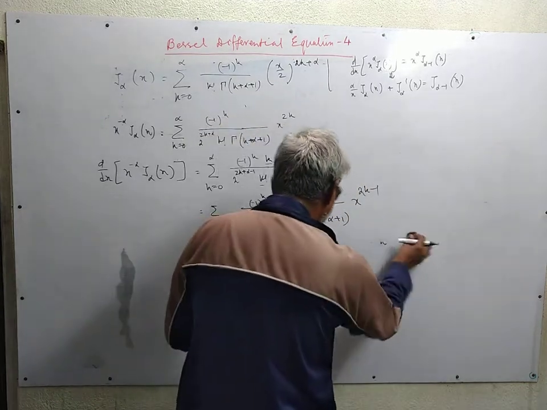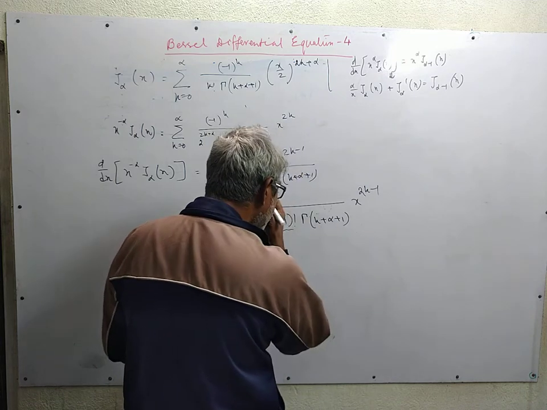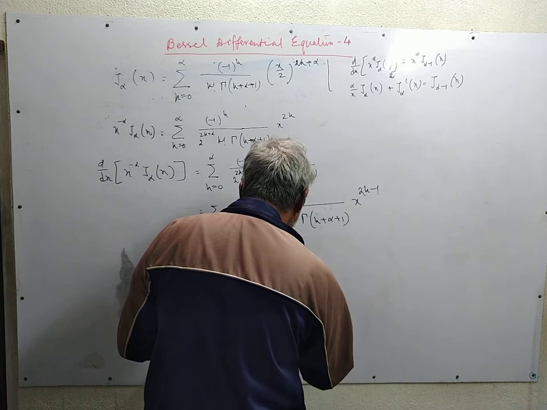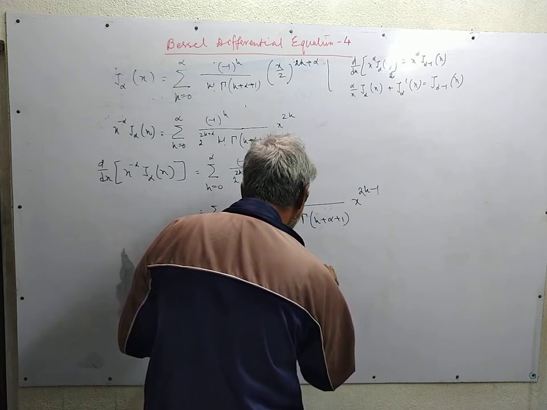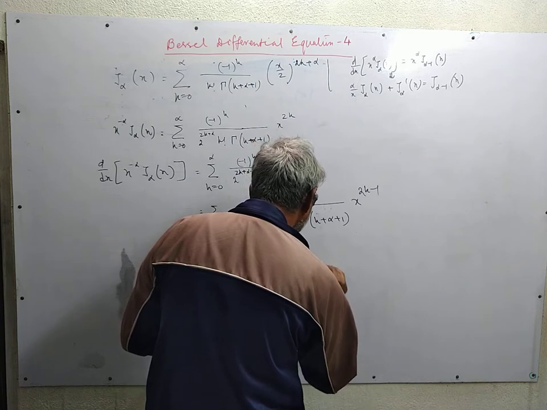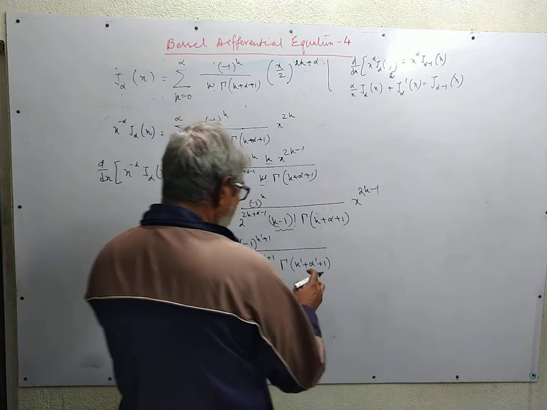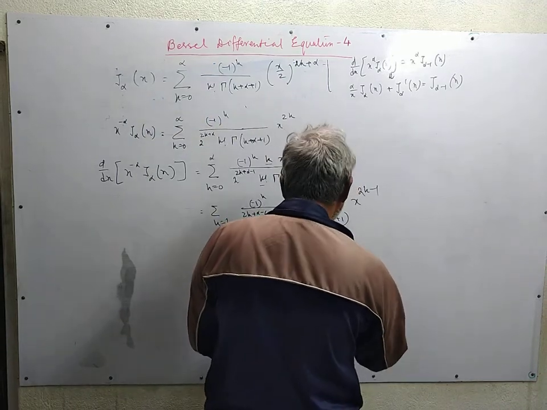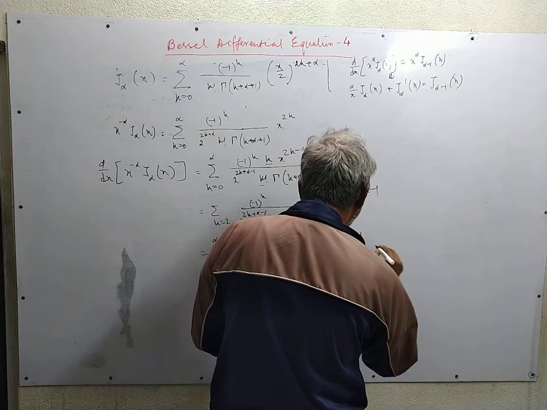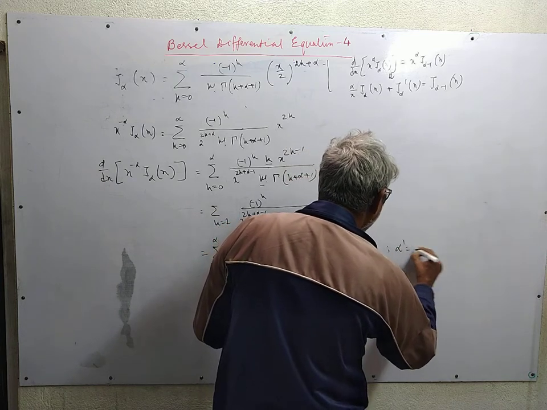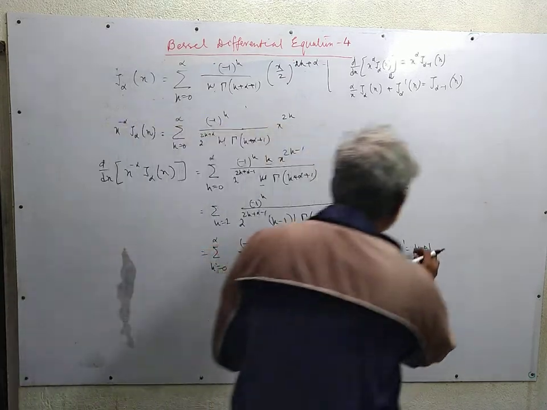It's okay. And this part is k, and we define alpha prime to be alpha plus 1.